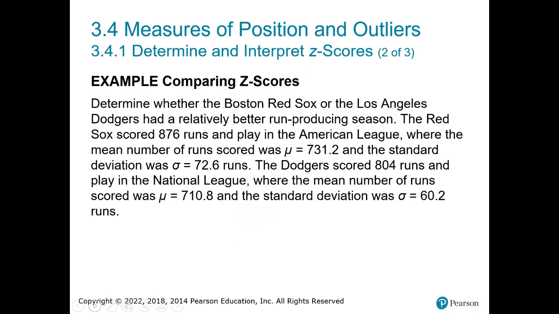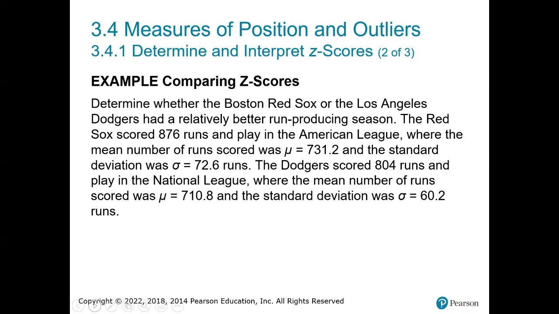All right, so here is an example of where we would use this. Determine whether the Boston Red Sox or the Los Angeles Dodgers had a relatively better run-producing season. The Red Sox scored 876 runs and play in the American League, where the mean number of runs scored was 731.2, with a standard deviation of 72.6.